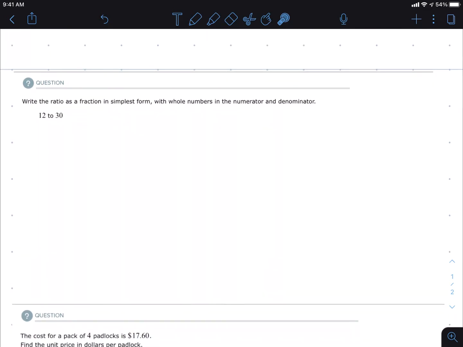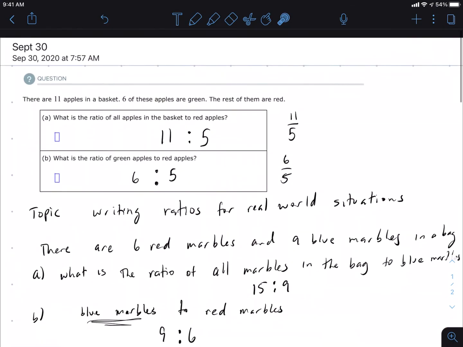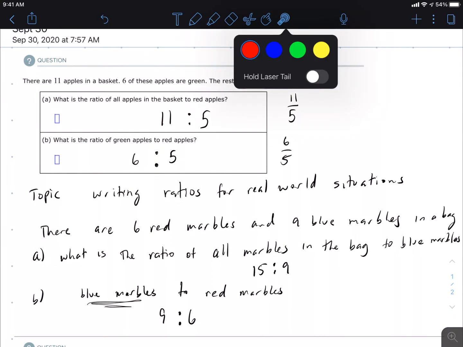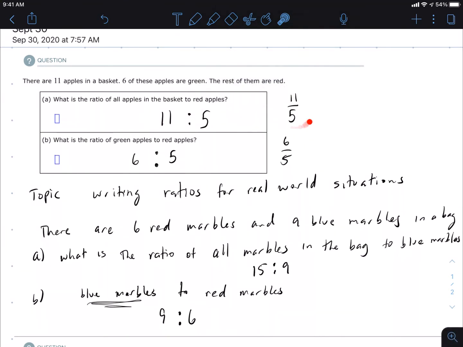Write a ratio as a fraction in simplest form with whole numbers in the numerator and denominator. In this case, what they're asking for is fractions. If we go back to the first one, you see how I wrote it as a fraction up here? We never want to change them to mixed numbers.